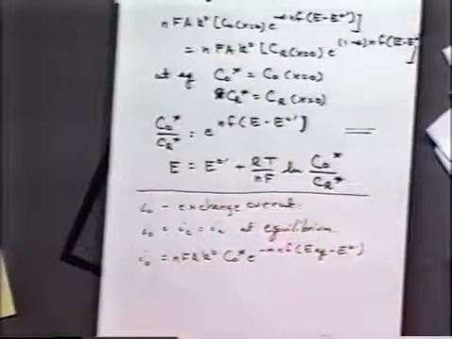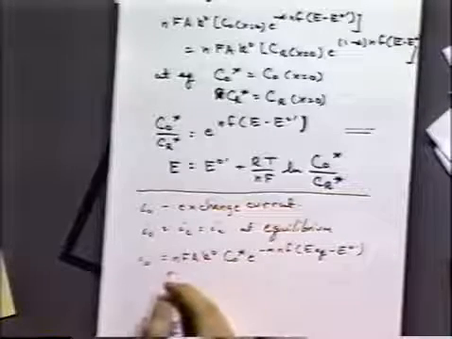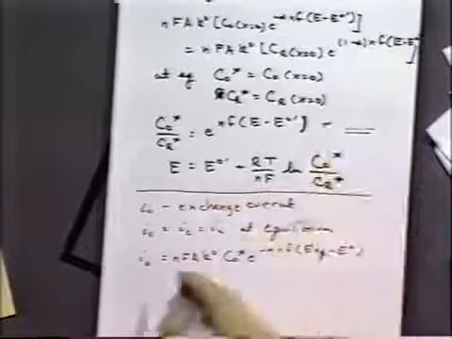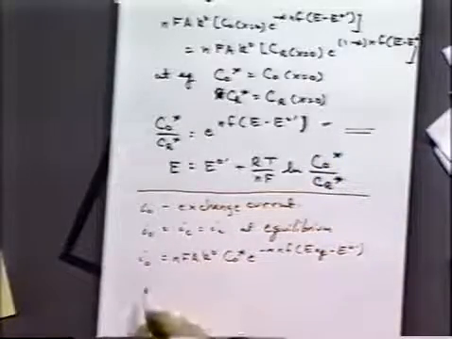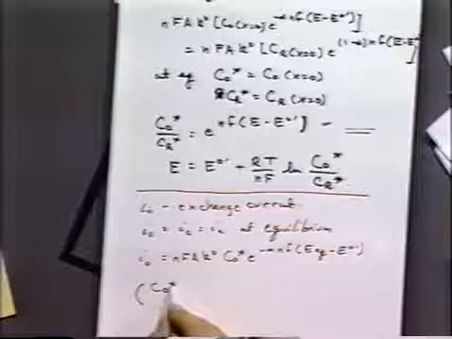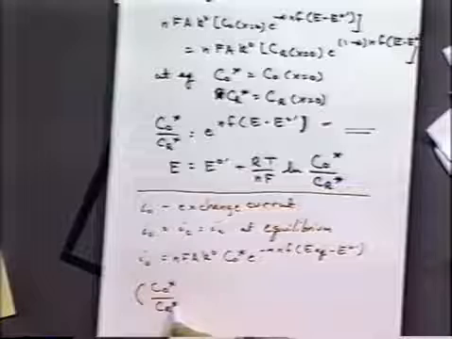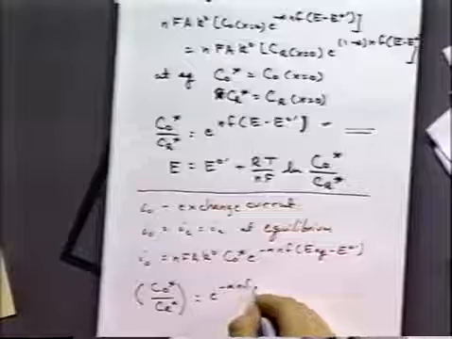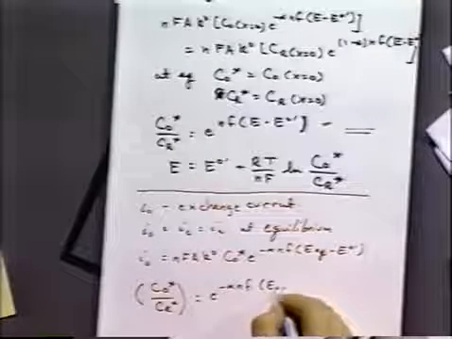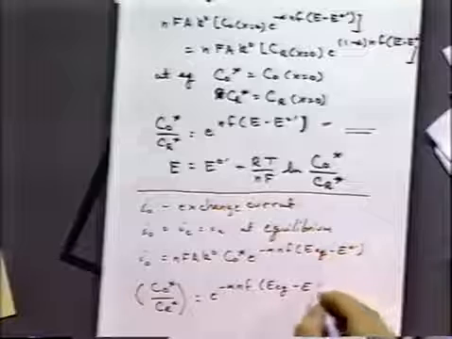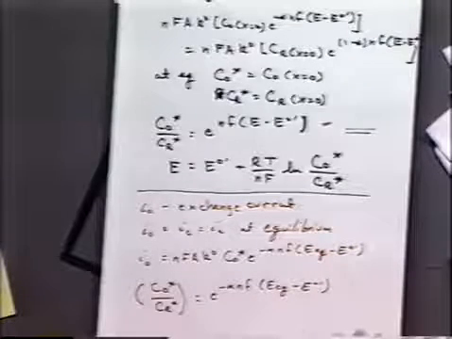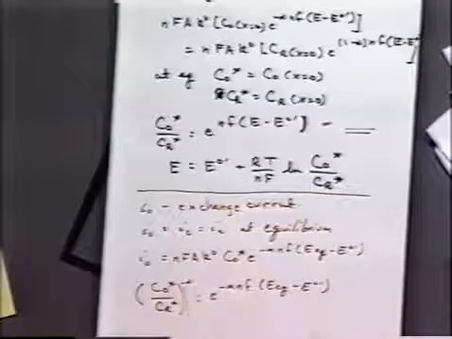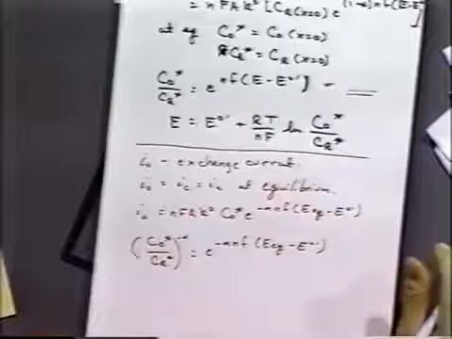We can then take a previous expression, let's take this one right here, and raise it to the minus alpha power. And we get this expression for the ratio of the bulk concentrations at equilibrium.